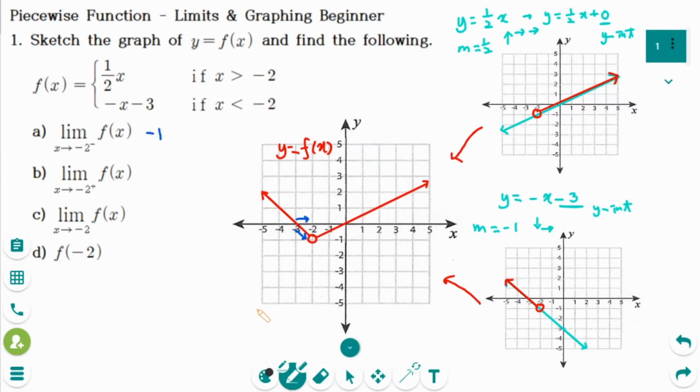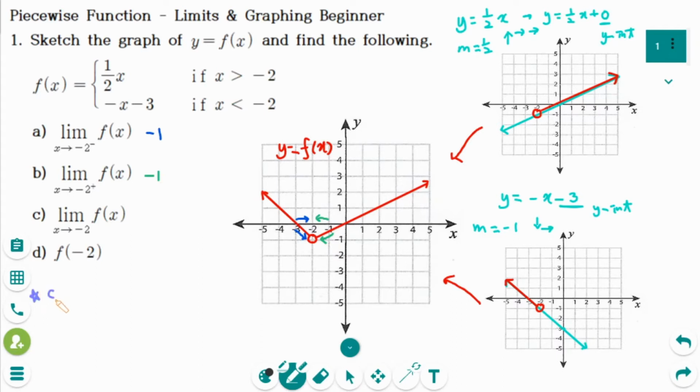Number B is the limit of f(x) as x approaches -2 from the right side. So x approaching -1, -1.5, -1.999, like this. And the y value is approaching -1. So the answer is -1.